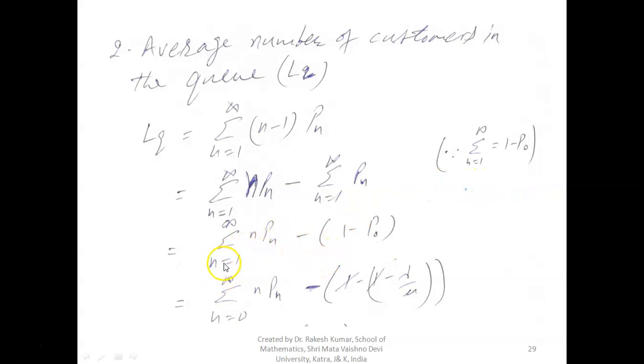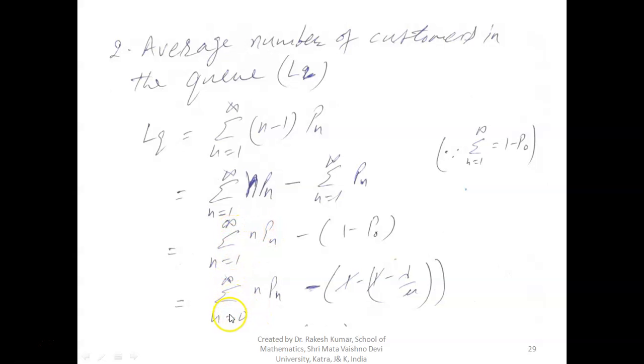So n is equal to this, and further, if I start this summation from 0, what will happen? This term will be 0. So there is no problem if I start this from 0, because when n is equal to 0, this term is 0.